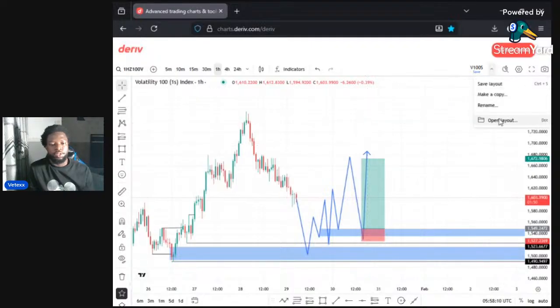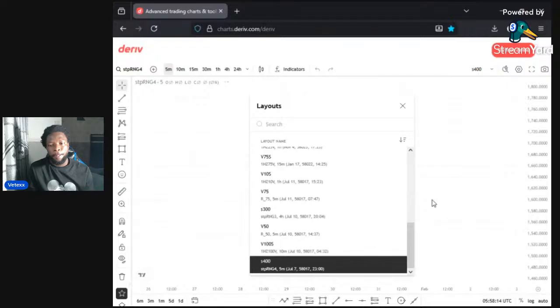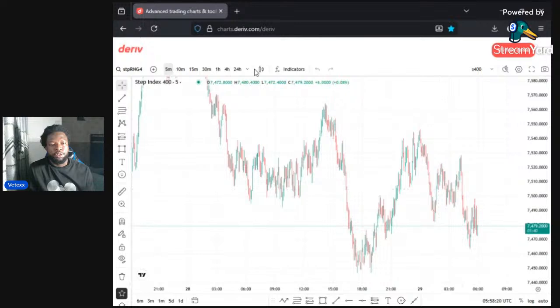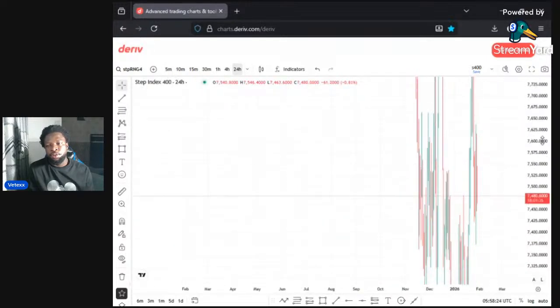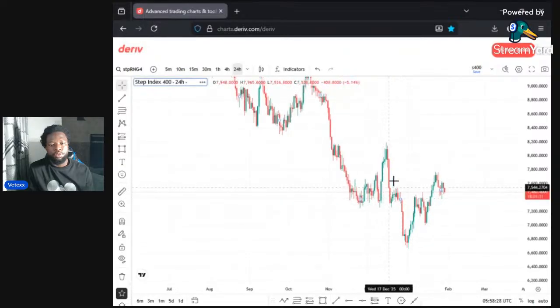So let's check the next pair, which is Step 400. Step 400, let's check the 24-hour time frame. On the weekly time frame, Step 400 is bearish. On the 24-hour time frame it is bearish.